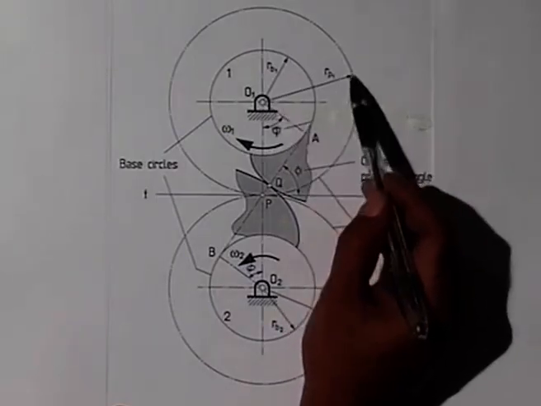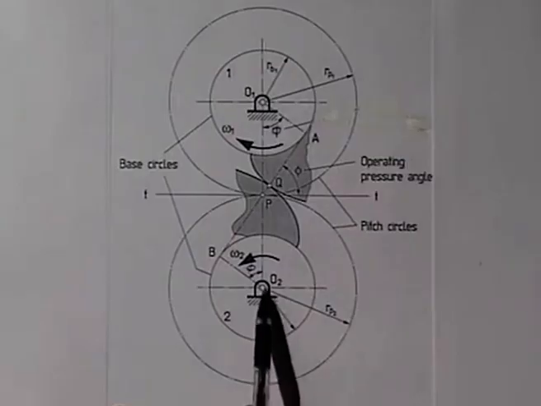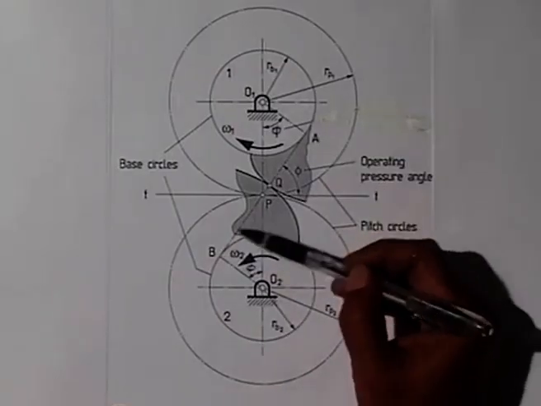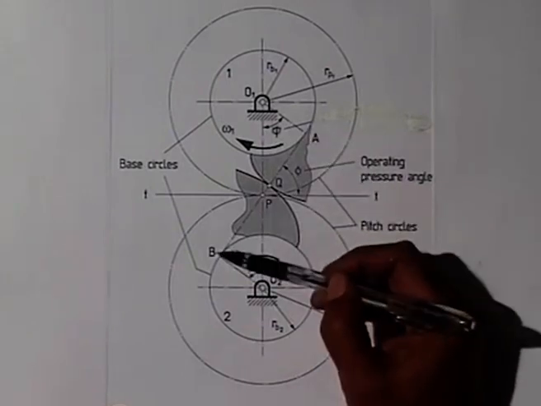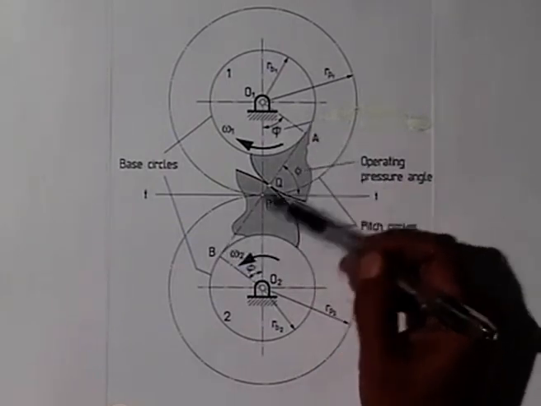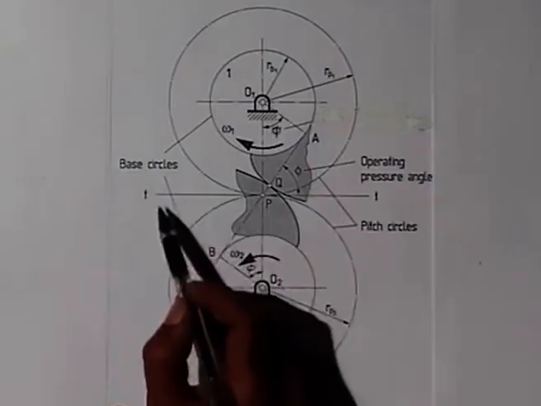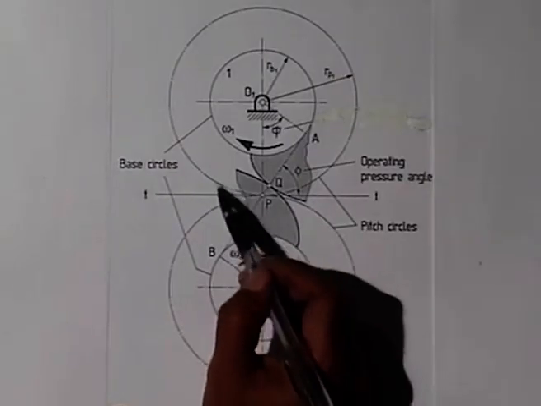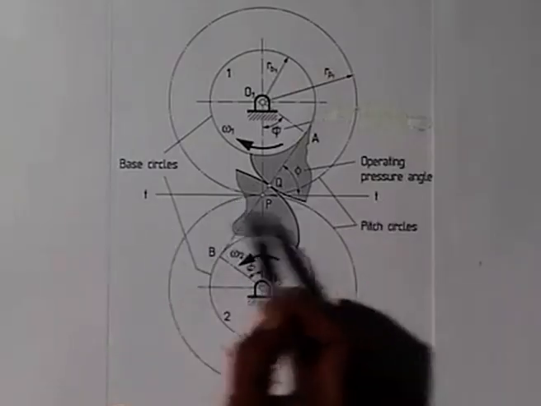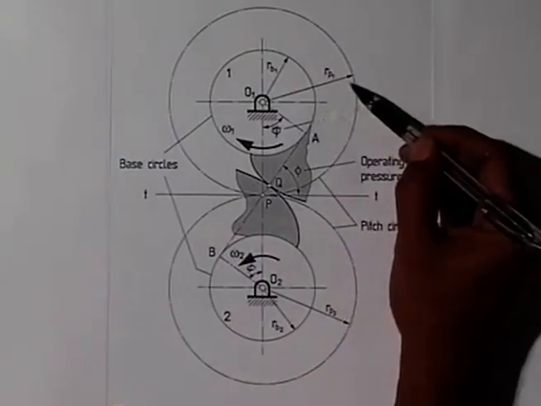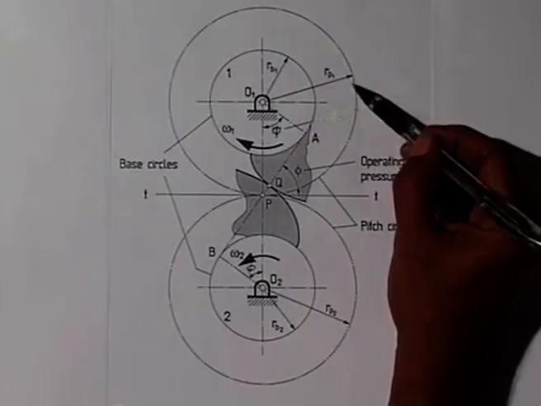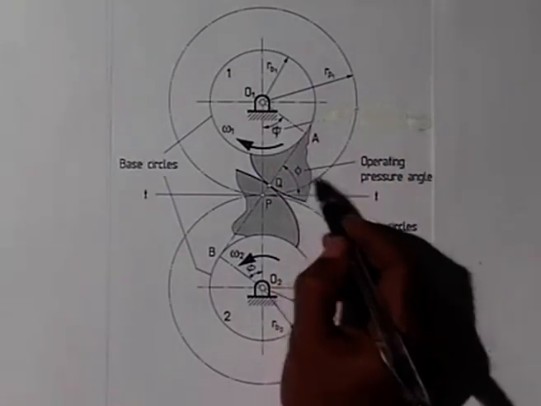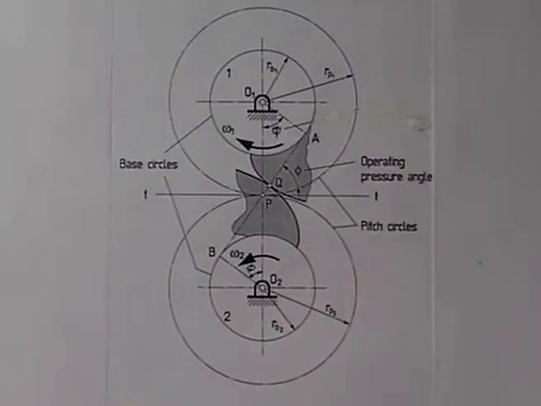These are the pitch circles of radius RP1 and RP2, and it is the common tangent to the base circles which we call line of action, and this line of action AB makes an angle phi with this common tangent to the pitch circles. This TT is the common tangent to these pitch circles of radius RP1 and RP2, and this angle phi we called operating pressure angle.